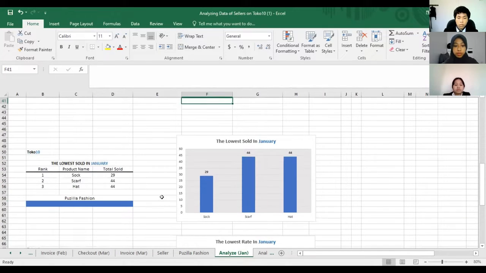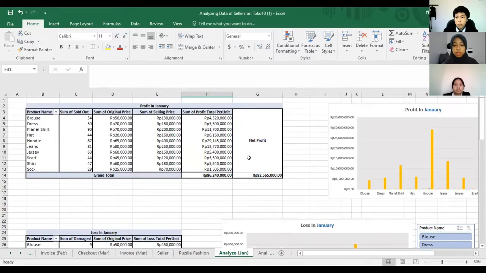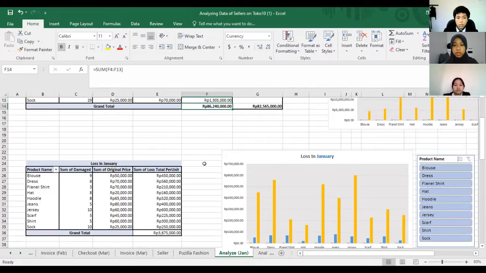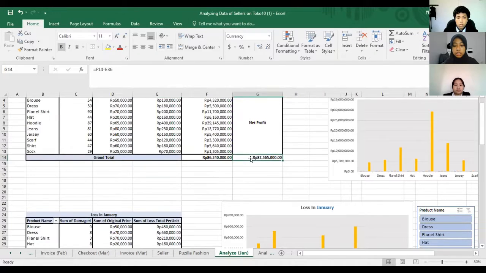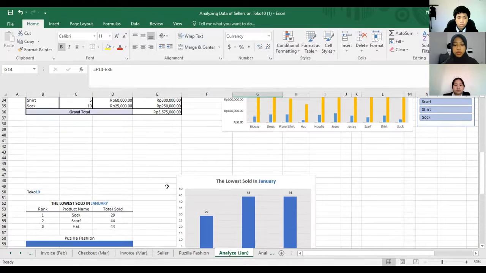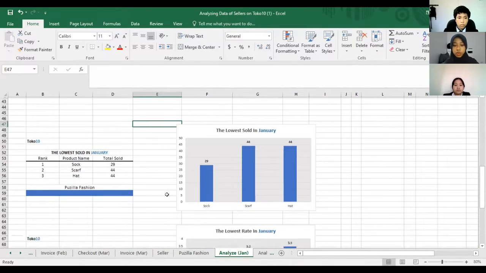Then the net profit in the table profit in January is obtained from the calculation of the grand total profit minus the grand total loss. The result is 82,565,000 rupiah. In this worksheet, there is also a report on the lowest sold in January.